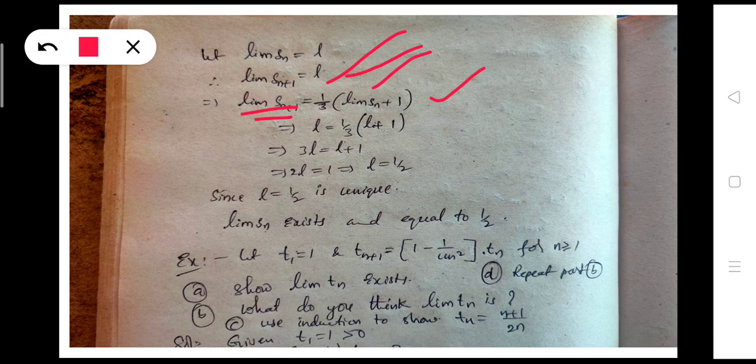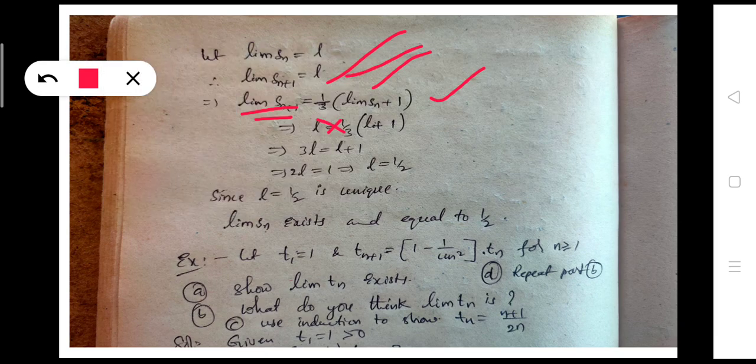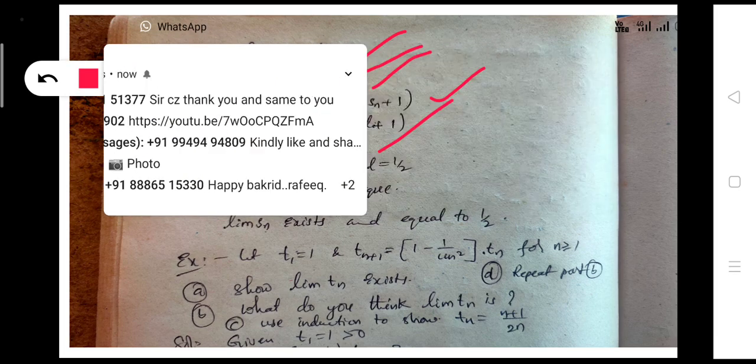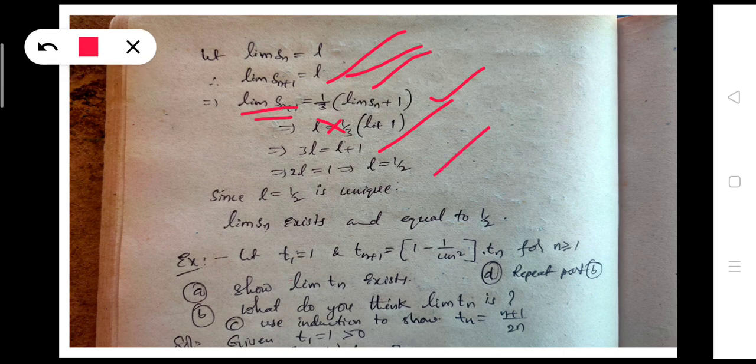Cross multiplying, 3L is equal to L plus 1. Simplifying, 3L minus L is 2L, so 2L is equal to 1, which implies L is equal to 1/2.